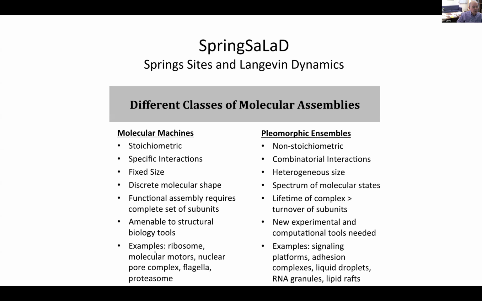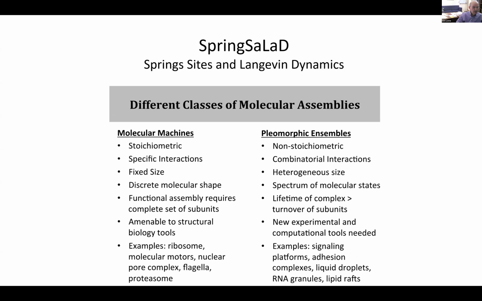And by molecular machines, we mean that these are highly specific structures with a stoichiometric number of subunits, always the same number of each kind of subunit. That's what we mean by stoichiometric. The interactions between the subunits are very specific.